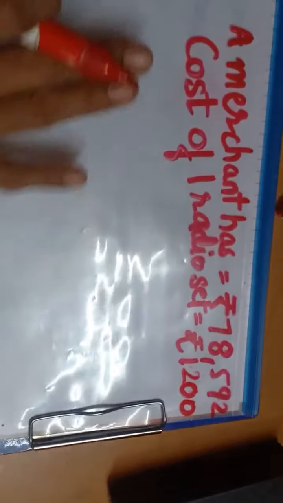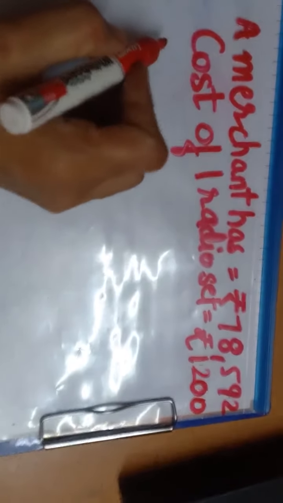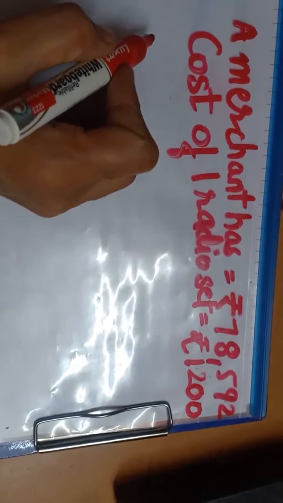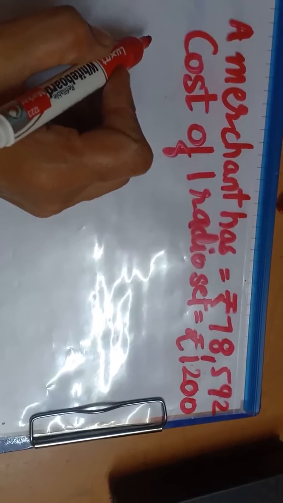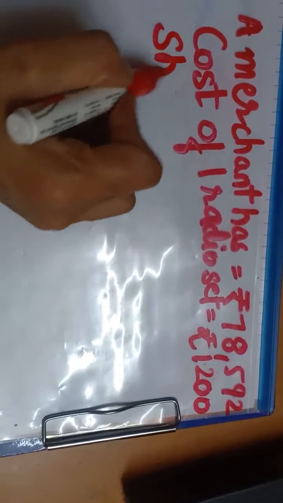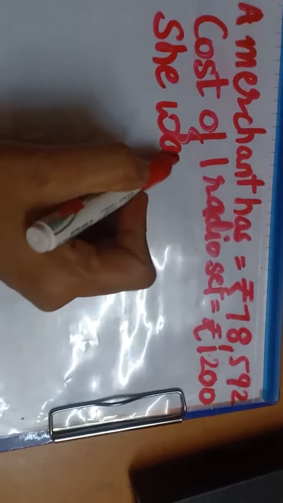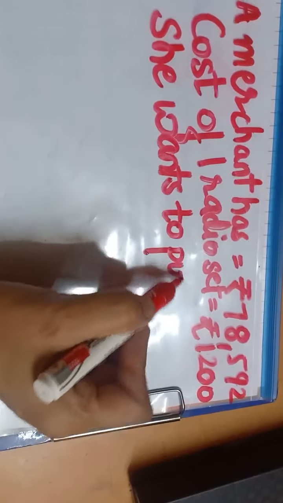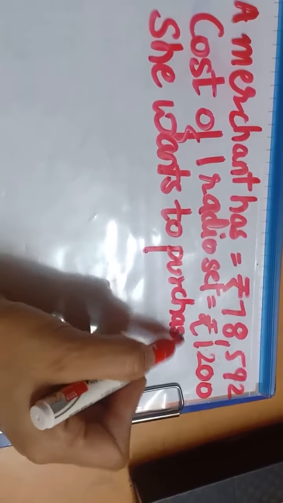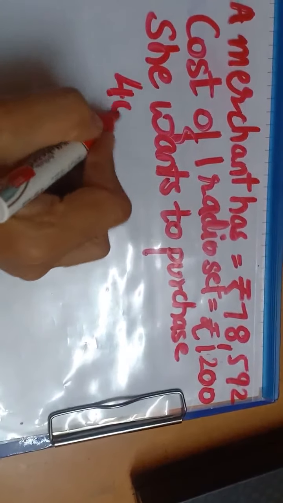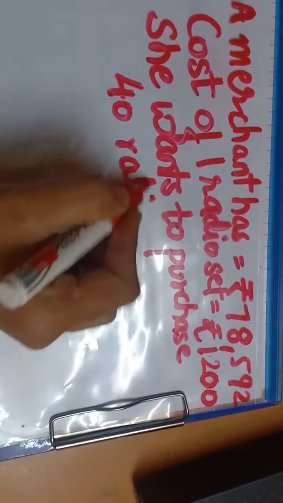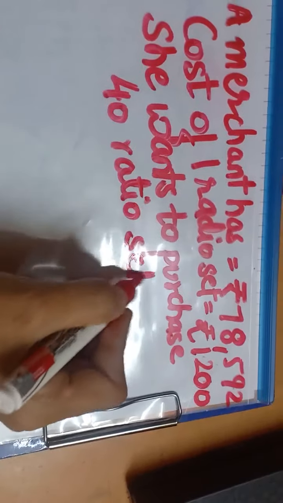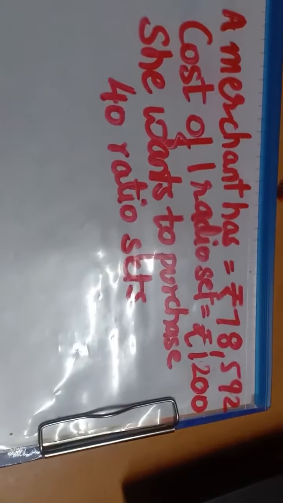Okay, so now we have written the amount she is having, the cost of one radio set, and now the number of radio sets she wants to purchase. She wants to purchase 40 radio sets. Okay, so this is what is given to us.